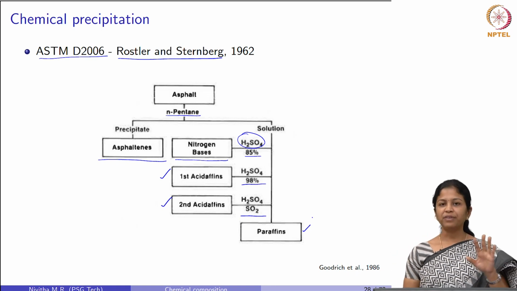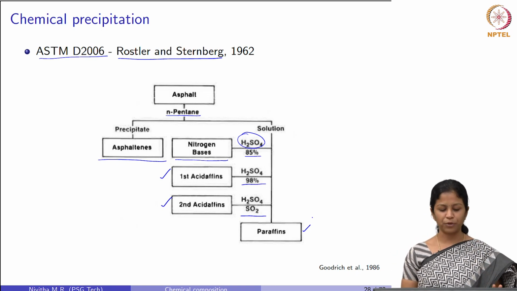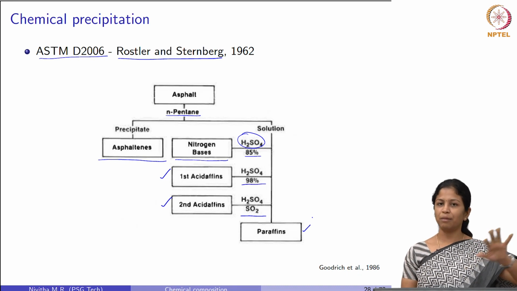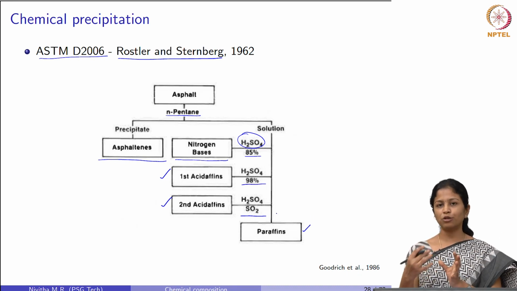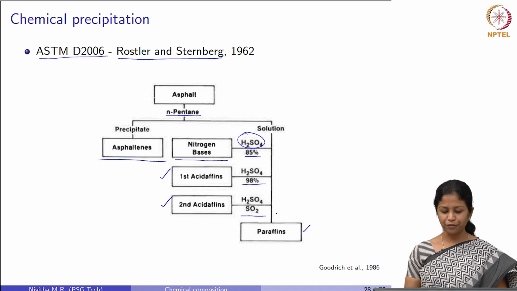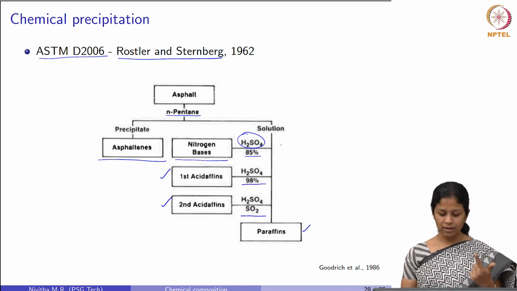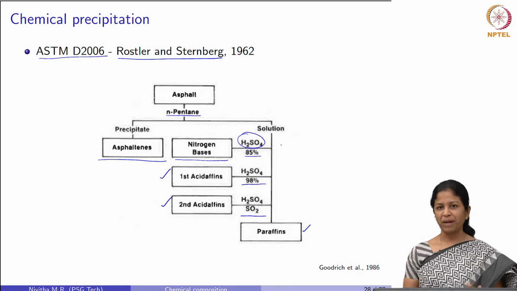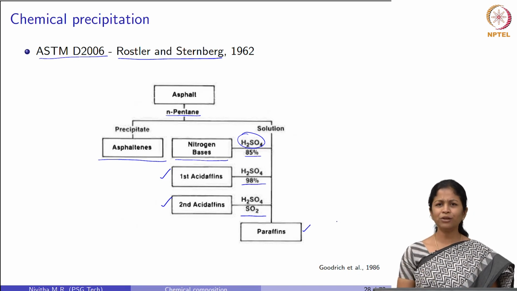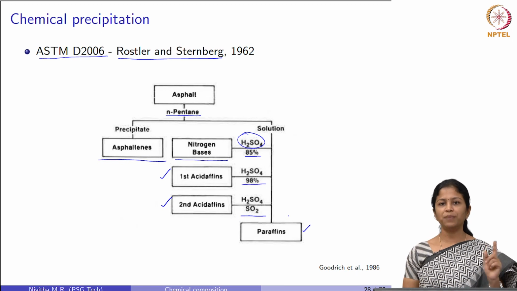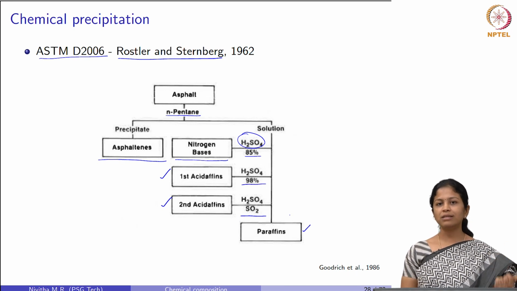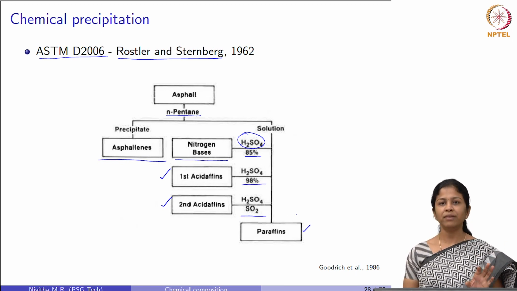So, we have 5 fractions based on this particular procedure: asphaltenes, again the precipitate, and whatever is in the solution form is classified differently as nitrogen bases, first acidaffins, second acidaffins and paraffins. We need to note that the asphaltics we got in the previous case are not similar to the asphaltenes we have seen here.